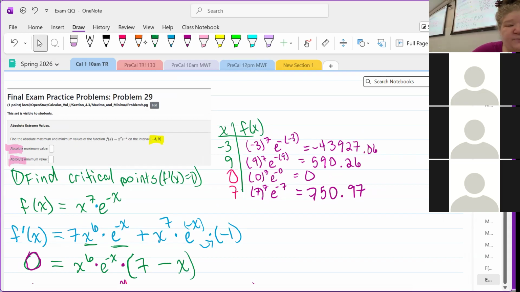So the absolute maximum value is this, 750.97. The absolute minimum value is this negative ridiculous number.